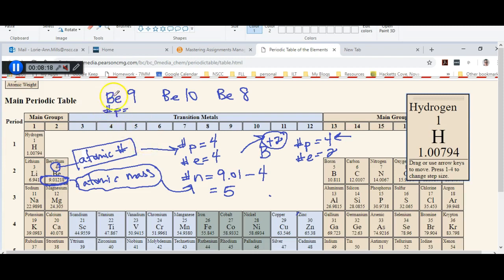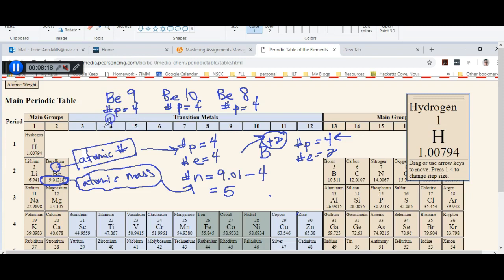So the number of protons for beryllium 9 will remain as 4. For beryllium 10 it's going to be 4. For beryllium 8 it's still going to be 4. The atomic number for an atom doesn't change no matter whether it's an isotope or an ion.